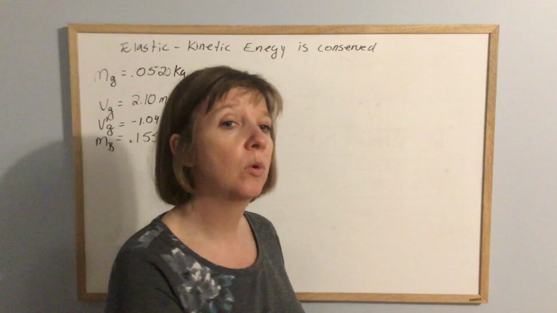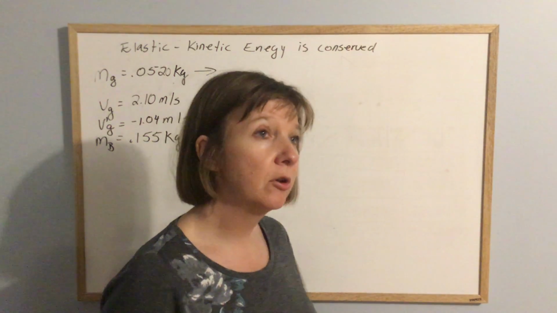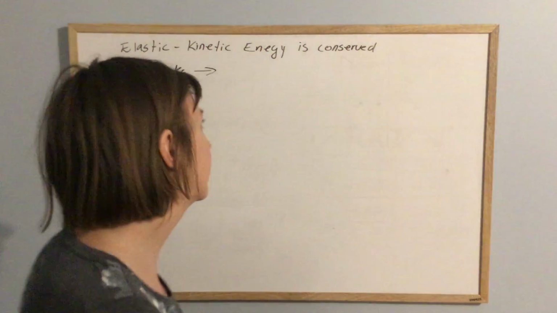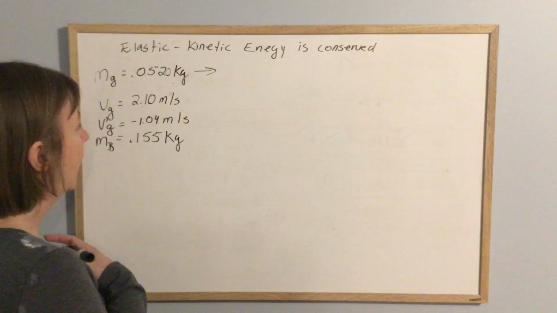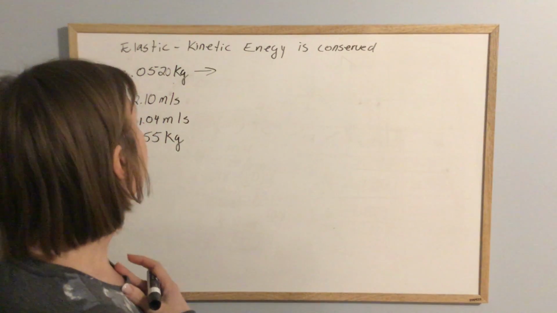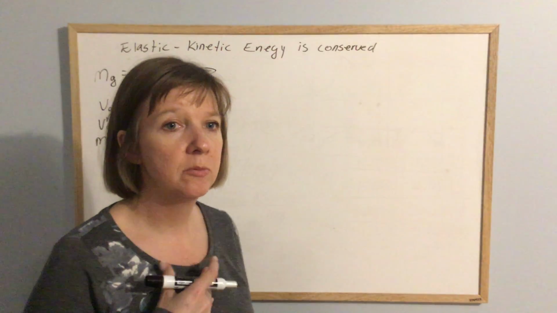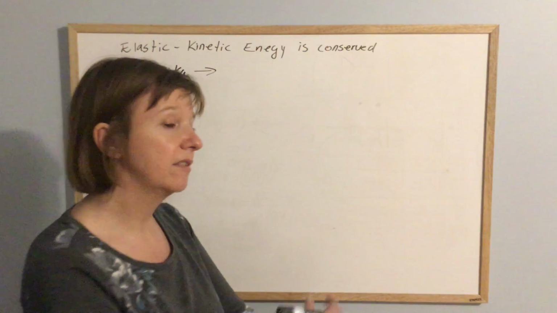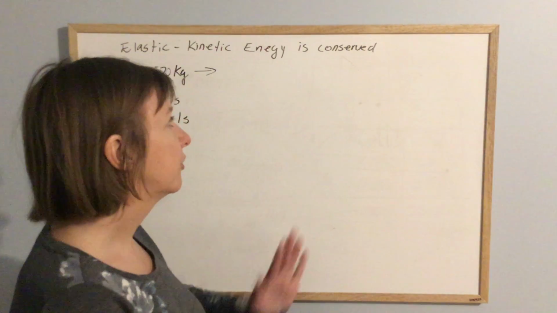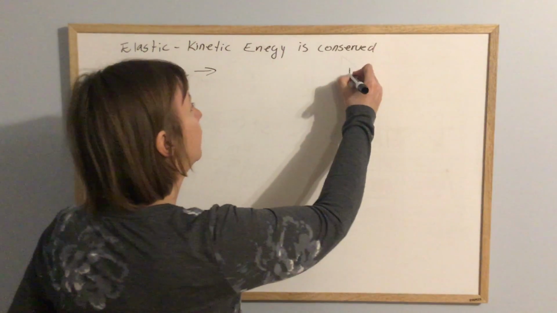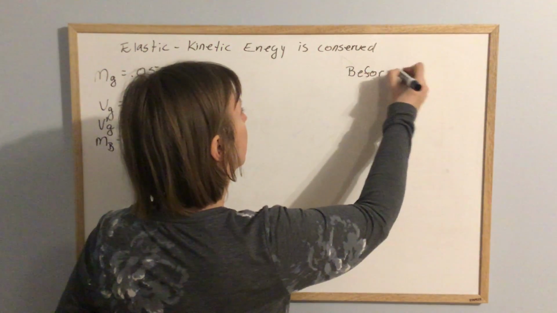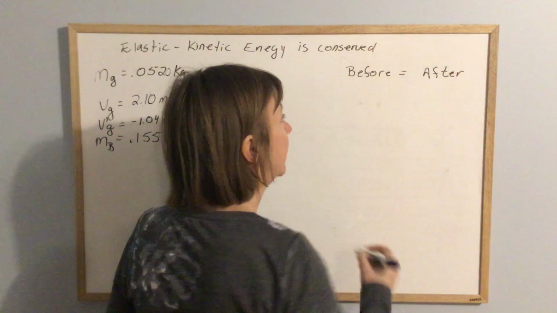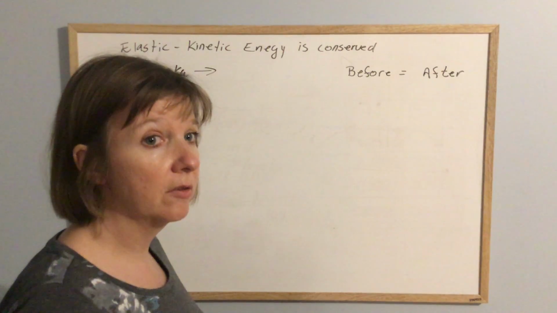Now I'm going to show you why you can't go straight to that. I'm going to try and go straight to that, and you're going to see why we can't. So if I mistakenly said all I need to figure out is kinetic energy, because if kinetic energy before is the same as kinetic energy at the end, then I know it's elastic and I'm done. So let's just go straight to kinetic energy. So before has to equal after if kinetic energy is conserved.